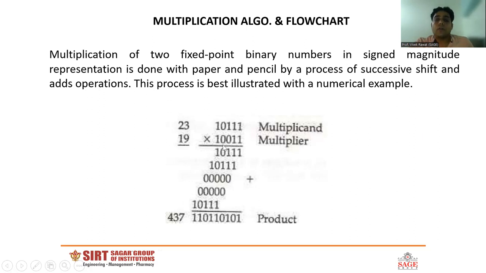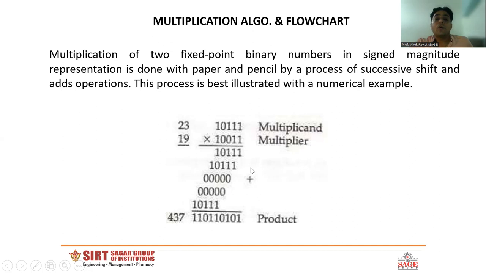This 0 also gives us the same 00000, and this 1 multiplied with the whole number gives us 10111. After adding all these numbers, we got a product, that is 110110. This is the simple pen and paper calculation with the help of digits or bits for the multiplication of 19 and 23.